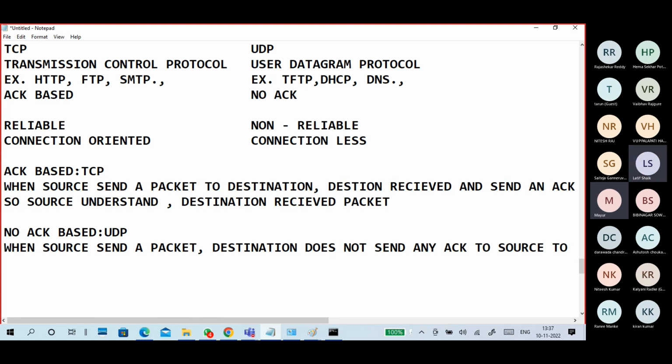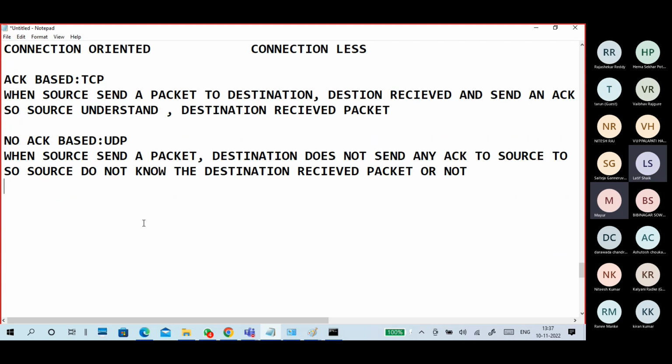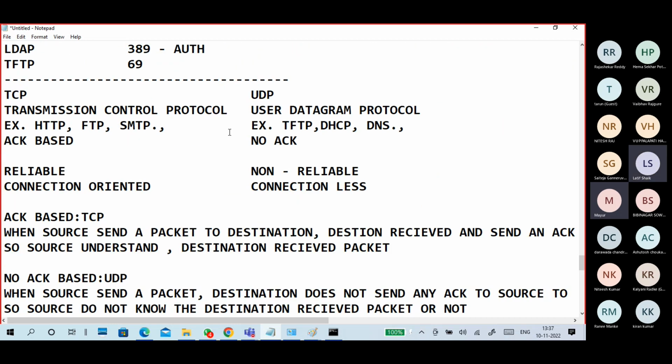So the source does not know whether the destination received the packet or not. That is the acknowledgement point. This is the TCP and UDP difference. Guys, understand TCP and UDP?